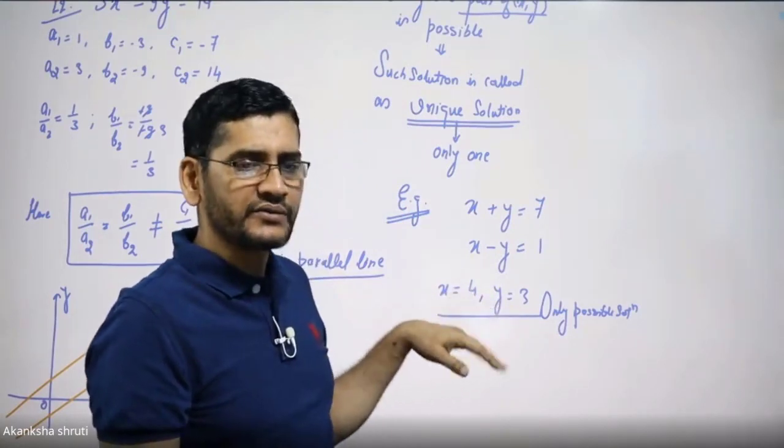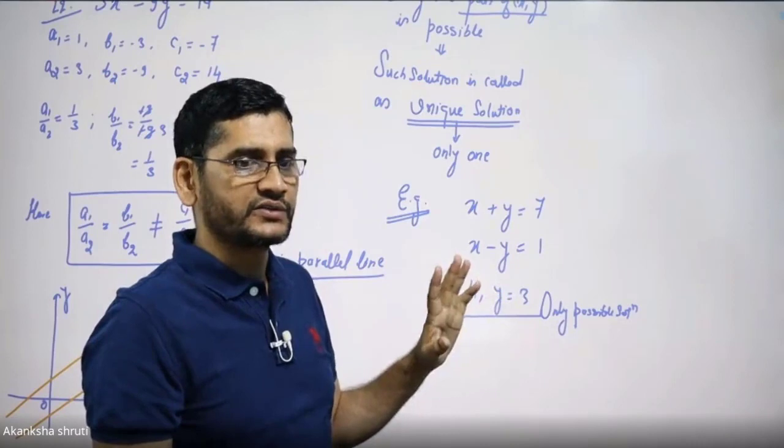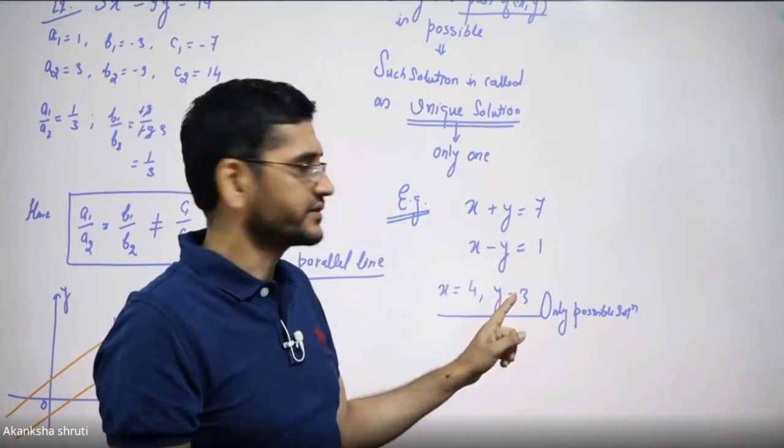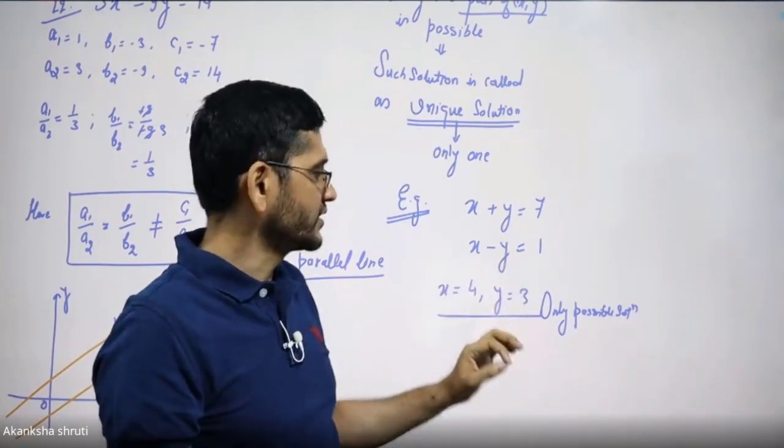Okay, you try throughout your life, but you cannot get for this equation another value of x and y. That's why it is called unique.